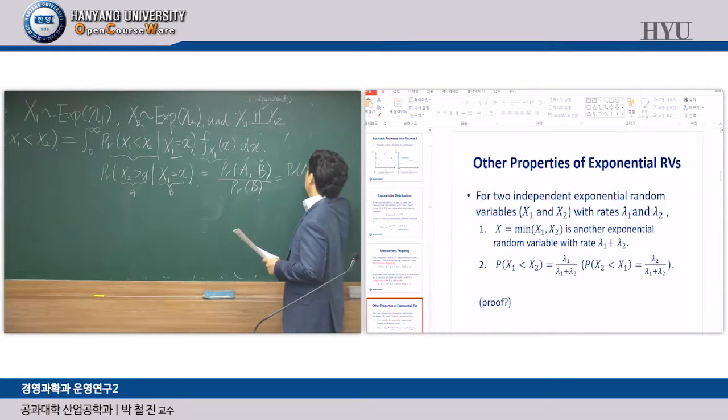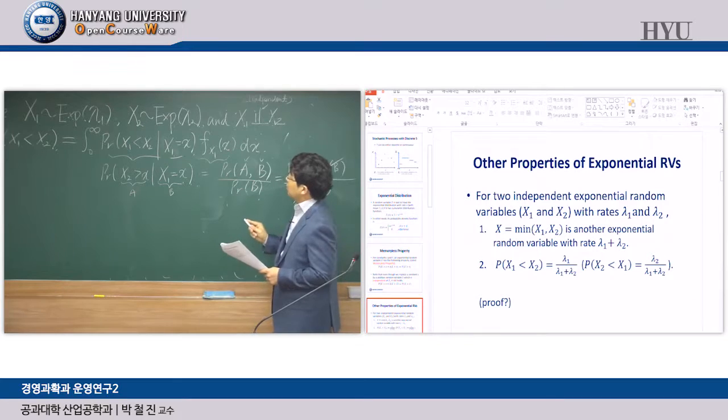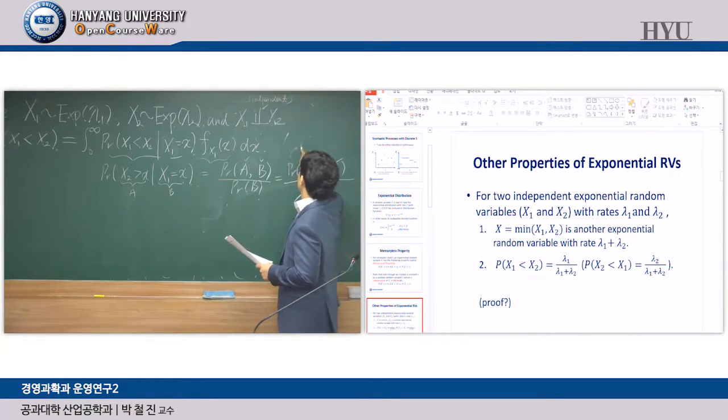Probability of A times probability of B, and the probability of B cancels out. So actually this one is the same as the probability of A.